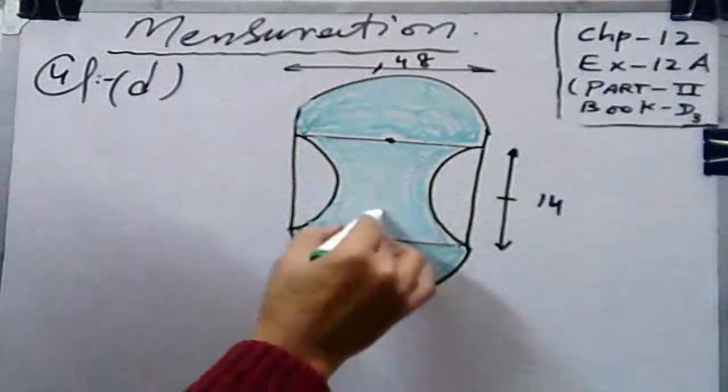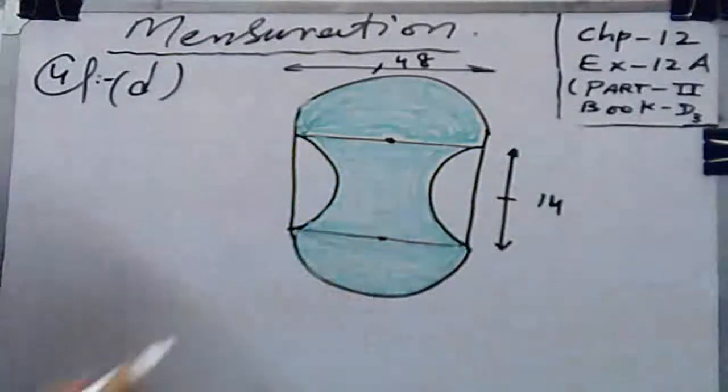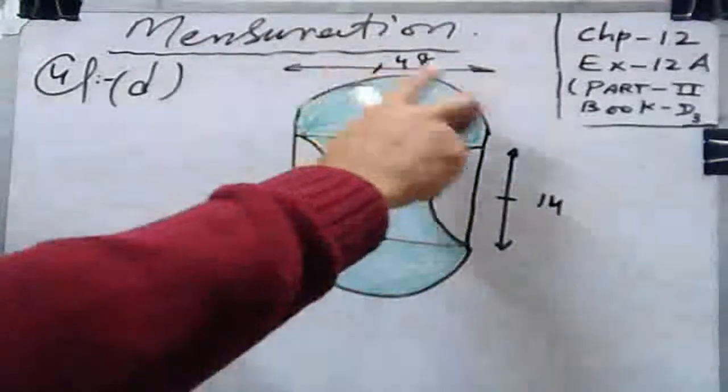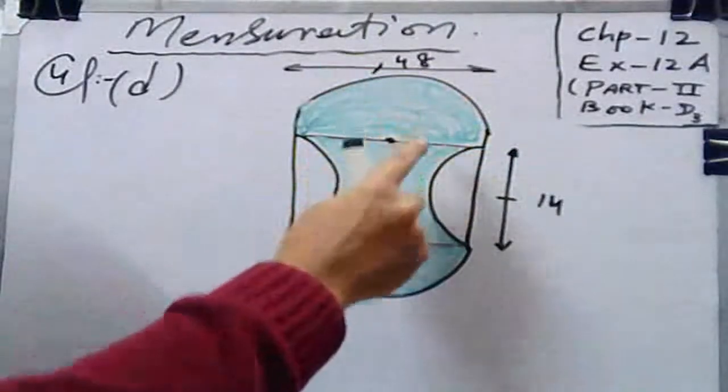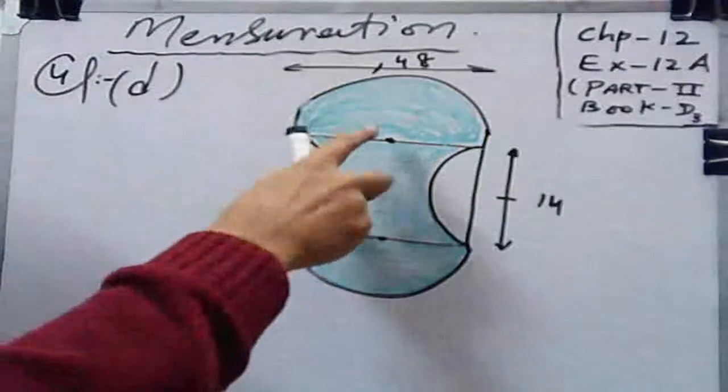After completing the shading, you can see it. How can we find the area of the shaded portion? It's a very simple case: the area of each big semicircle, and we have two semicircles, so we will multiply by 2.